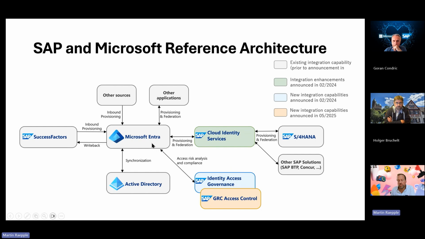So whenever you want to avoid any sort of media breaks by, for example, doing compliance and risk checks before you actually assign a user to a certain role and permission, and you want to check, for example, some SOD checks, you can do so from within Entra and integrate with Identity Access Governance or GRC Access Control to do such checks before you actually provision the user. That's one of the key scenarios here.